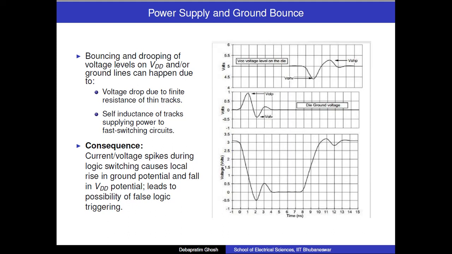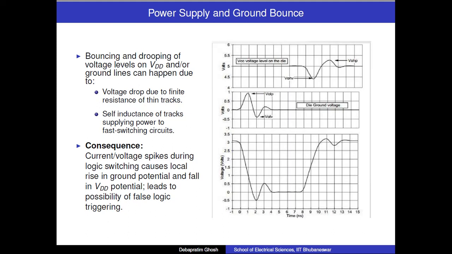Now at the input of the NOT gate, I am giving a square wave, and during the transition, when the inverter is trying to switch, because of the finite impedance on the VDD and ground lines, the inverter is providing a very low impedance path.